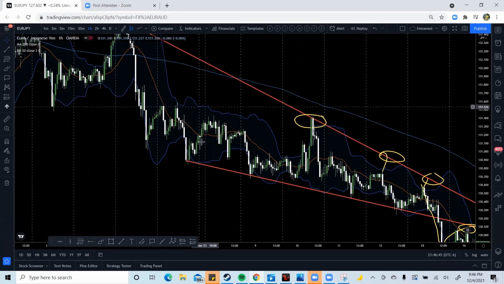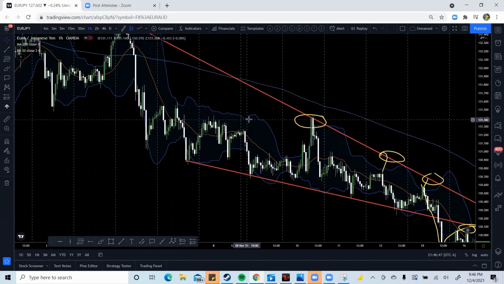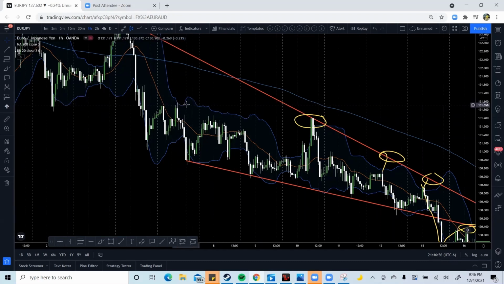These upper and lower bands just represent a range of prices. All you have to remember with this is when price reaches the top half of the band, this top half of a band is usually a form of resistance. The bottom half of the band is usually a form of support.